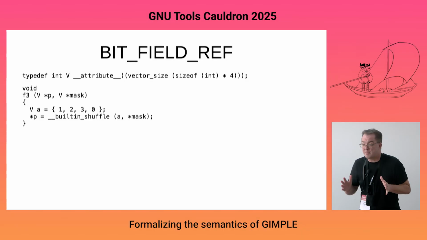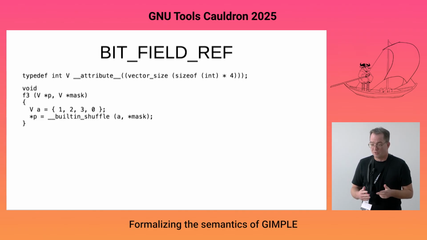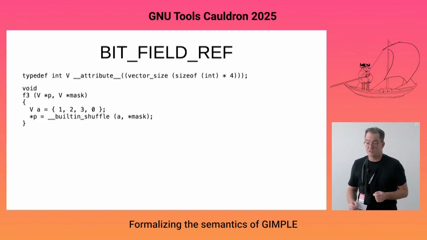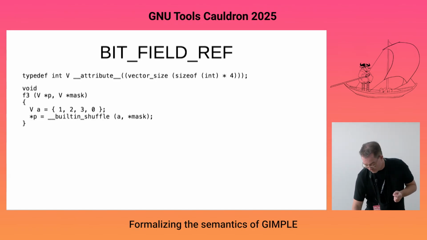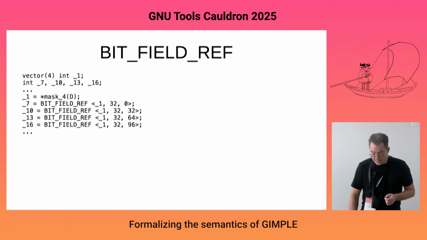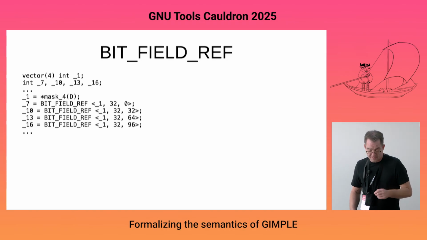With our semantic now, it's okay if this mask is correctly aligned, and if the first element is defined and the other ones are out of bounds. The IR that gets created is something like this. So again, it reads this mask to the vector, and then gets the elements. So far, so good.